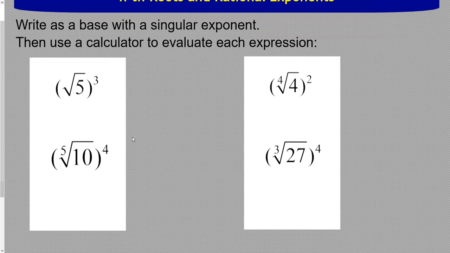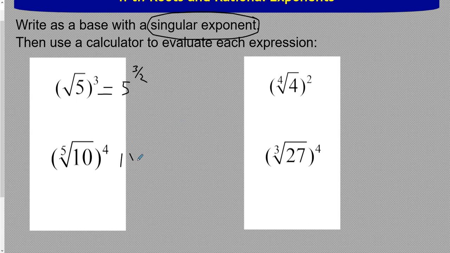So, write as a base with a singular exponent. So if I'm taking the square root of 5 and raising it to the 3rd power, I want just a singular exponent, so just one exponent instead of a radical and an exponent. So that's going to be 5 to the 3/2. Right? So I'm going to take the square root, meaning I need to have a 2 in the denominator of my exponent, and since it was cubed, 3 needs to be the numerator.